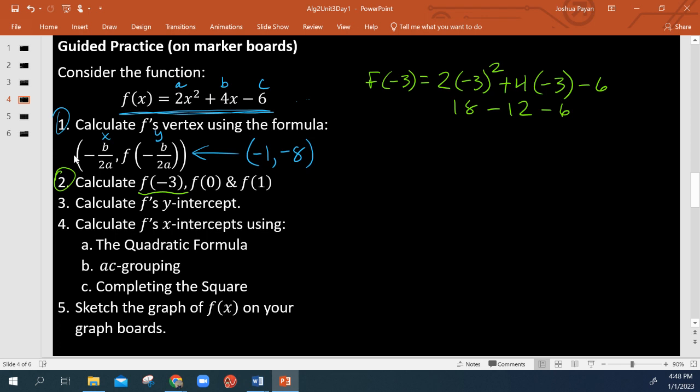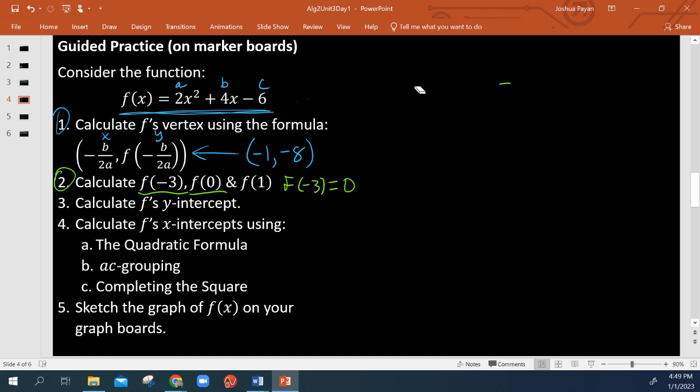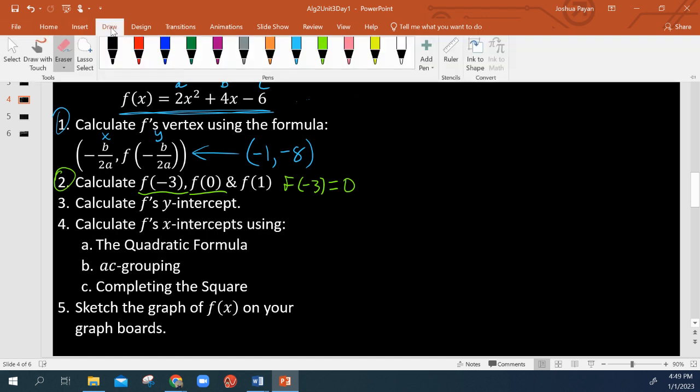Then we just combine things. So 18 minus 12 is 6. And then we have that minus 6 still there, which of course gives us 0. So f of negative 3 is equal to 0. Okay, now let's do the math to find f of 0. That one's going to be pretty quick. And again, that just means replace every instance of x with 0.